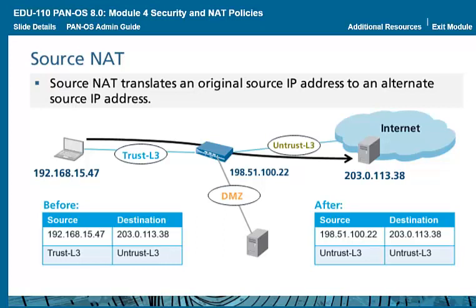Without this translation, traffic from the host would be discarded by the ISP carrier because it would be sourced from a private address, 192.168.15.47. Source NAT translates the private address and makes the traffic routable across the Internet.